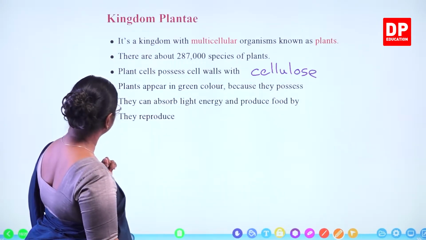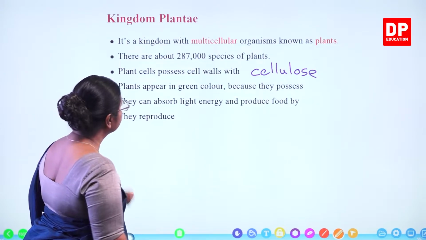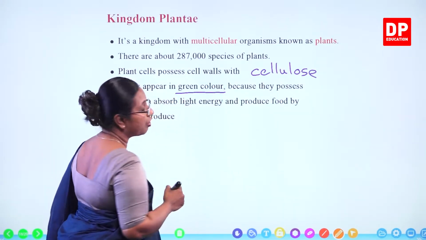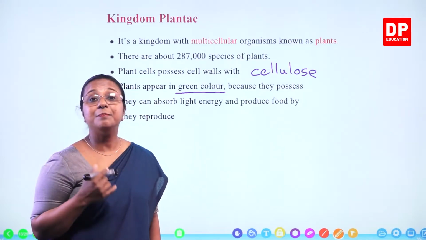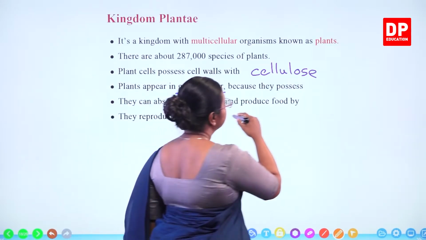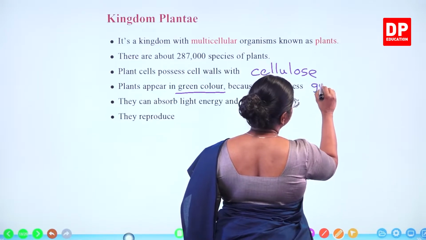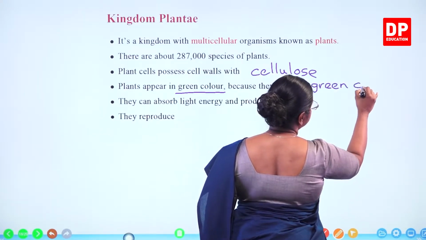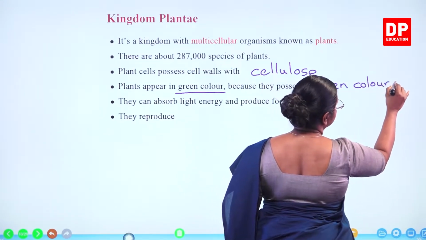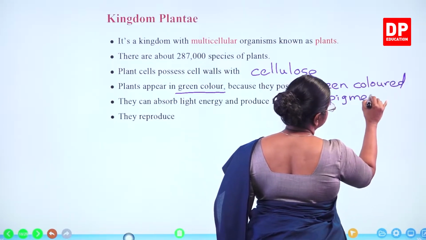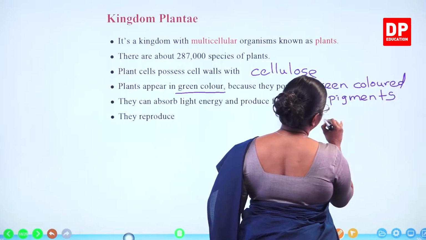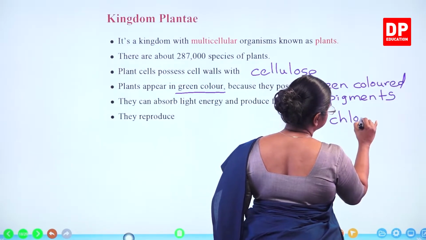Then if we look at the next point, plants appear in green color. So normally we relate it to green color because they possess a pigment called chlorophyll. They possess green color pigments, that is chlorophyll.